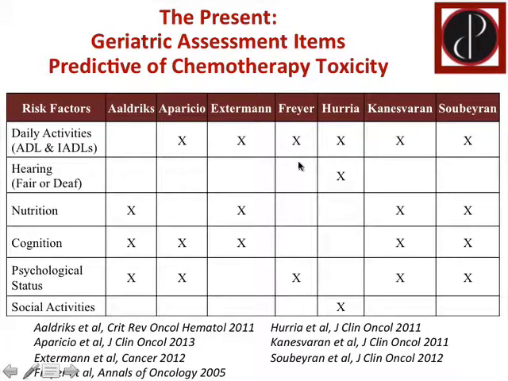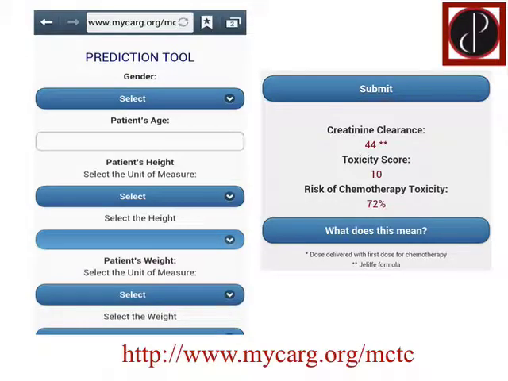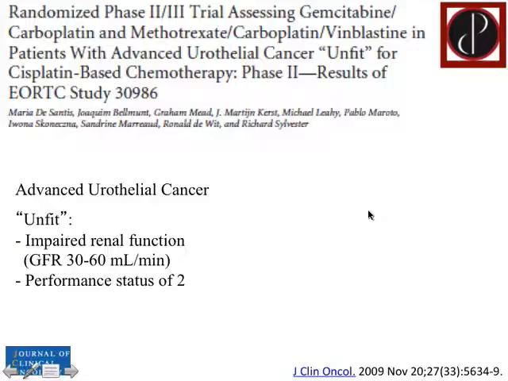Hearing by Hurria, nutrition in almost half of them, cognition in many of them, psychological status in some of them, and social activities in the Hurria model. So it's not just age and creatinine and performance status. And then you have some tools to calculate the risk by including age, BMI, creatinine, hearing, toxicity score, and then the risk of chemotherapy toxicity.